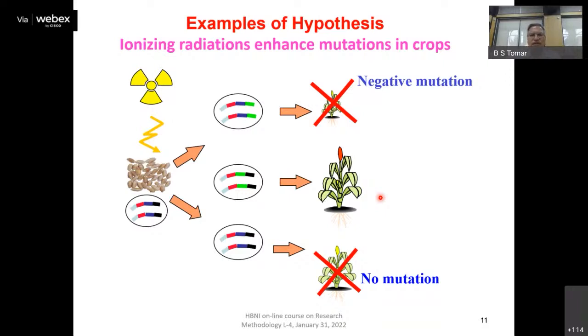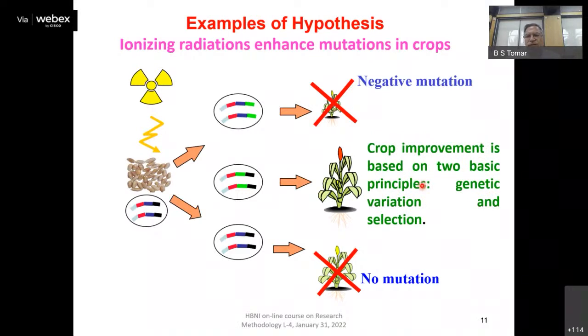So this statement is a true statement. Ionizing radiation does enhance mutations in the crops, but it is not that it will always enhance. It can also do negative mutation. It can do no mutation, but it also enhances the mutation which you can use to multiply that particular variety of crop. So this is how you can do research in agriculture and test the hypothesis.